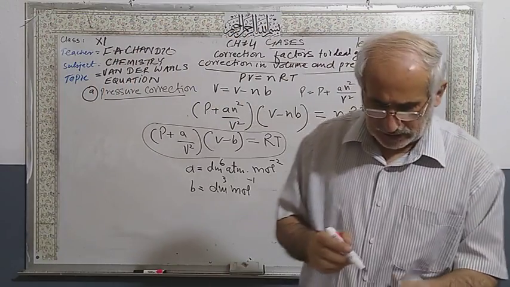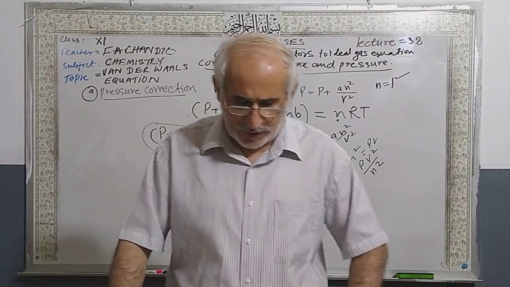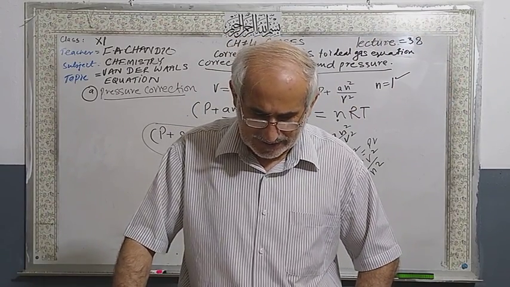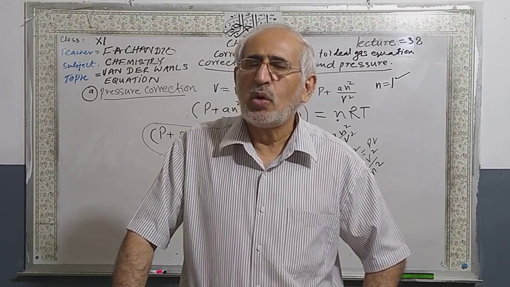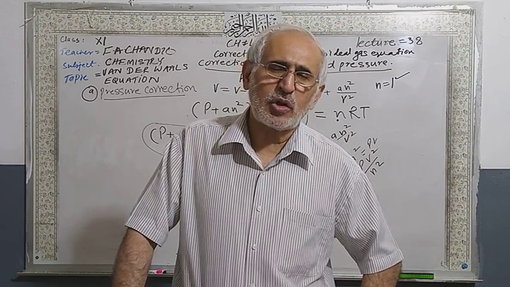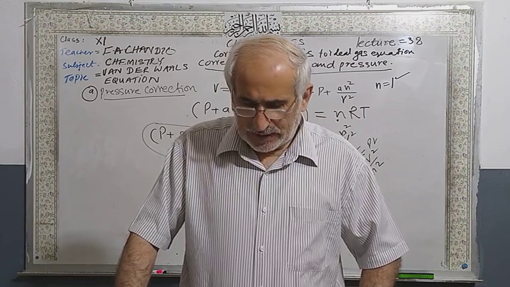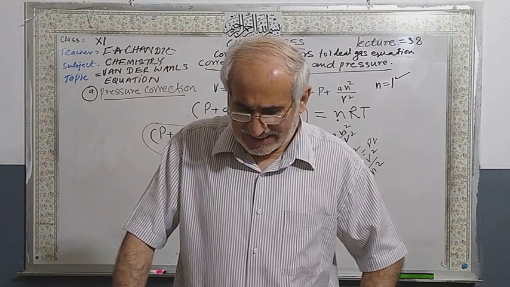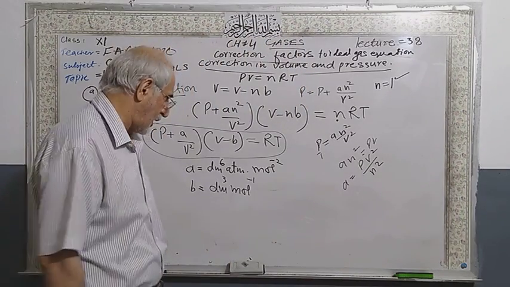These are the units of a and b. And if you see the table of van der Waals constants for some gases, hydrogen has 0.0247 decimeter 6 atmosphere per mole square for the a constant, and for the b constant 0.0266 decimeter cube per mole. You can see these values given here.